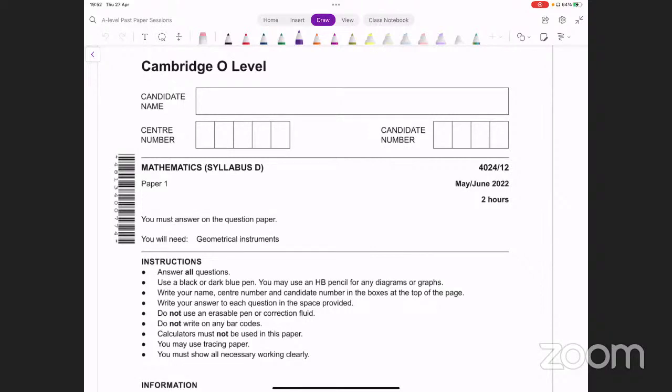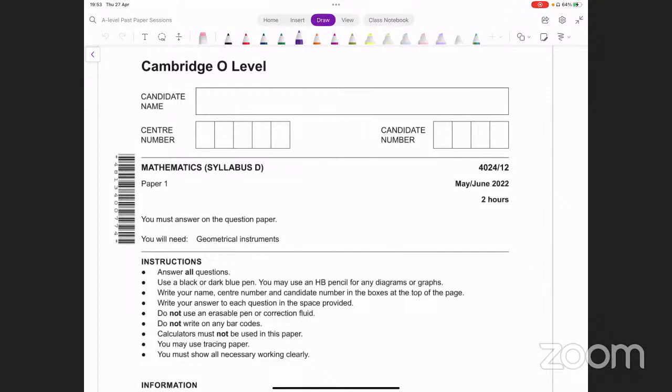Before I start, just to let you know, I have already solved a number of paper 2s from recent years. Last 5 years के बहुत सारे paper 2s आपको मिल जाएंगे solved already on the channel. If you look at the description below, I've posted the link to that playlist, solved yearly past papers.